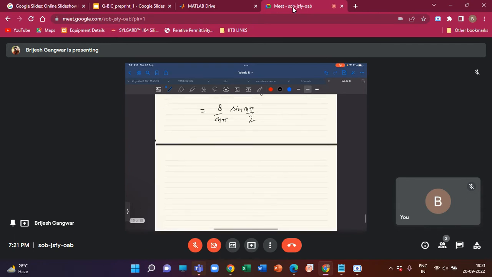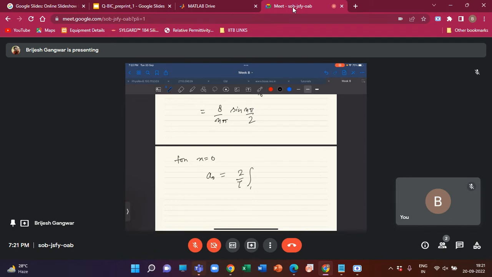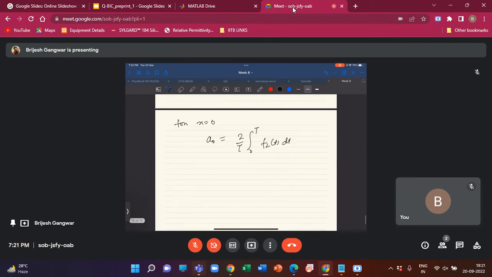Now for n equal to 0, we will get a0 equal to 2 by T integral 0 to T f(t) dt. Okay, so for that we will get a0, this is 2 by 2, 0 to 2, sorry, this function will be 2.